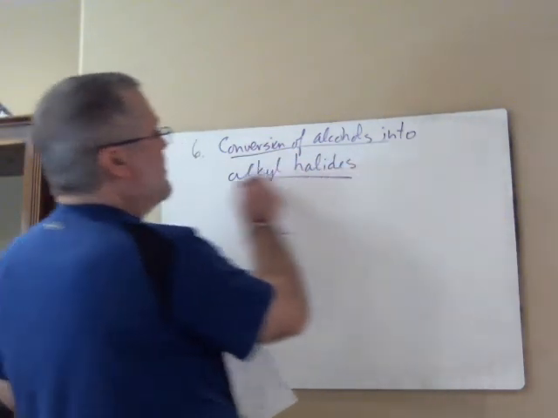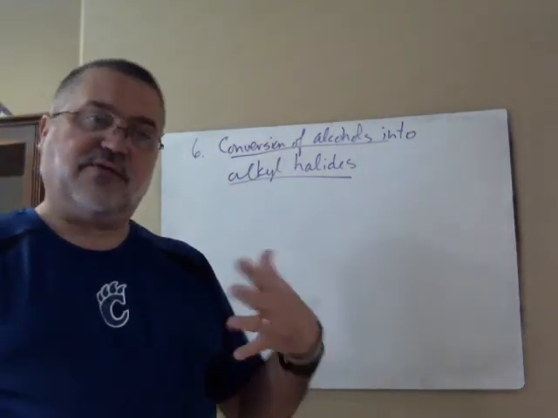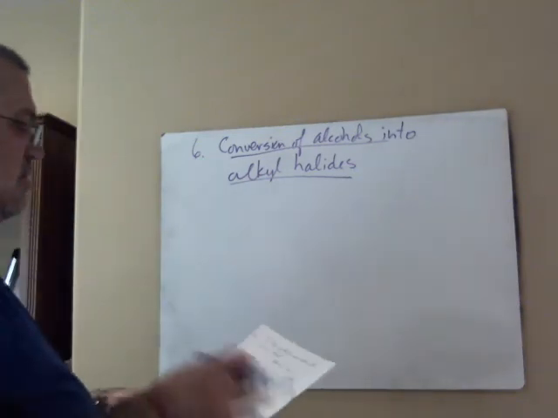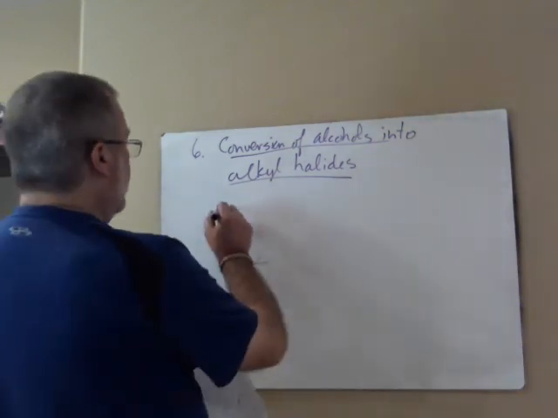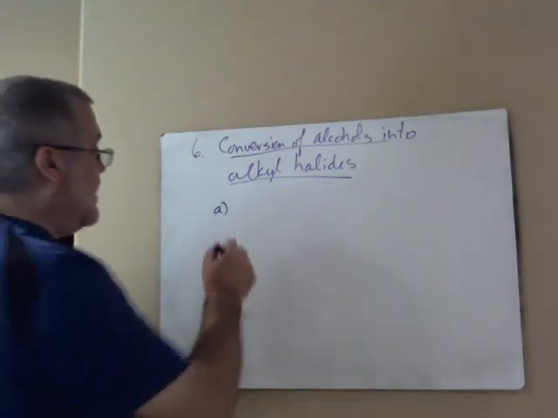So you can see synthetically how this might be a useful reaction. And by the way, we're still in reactions that are classified as CO reactions because the reaction is occurring at the CO bond.